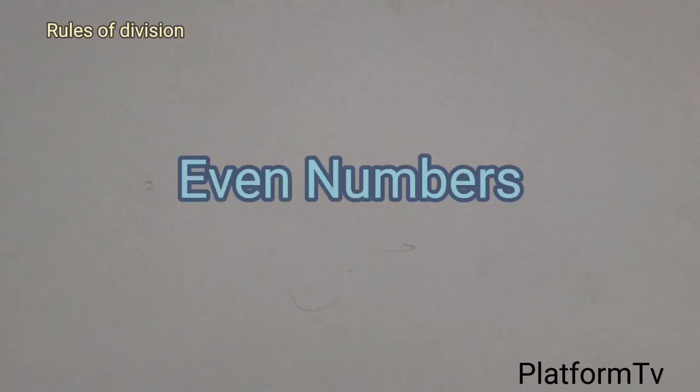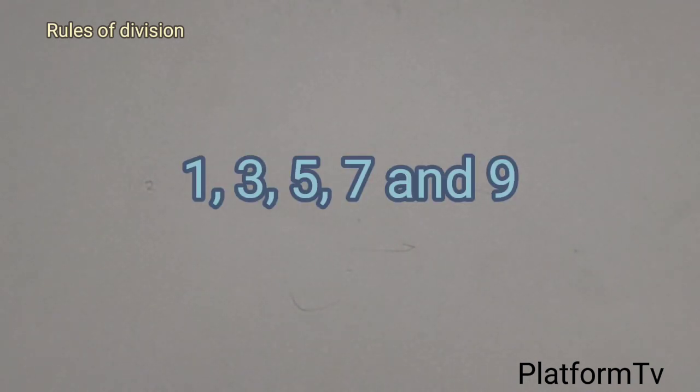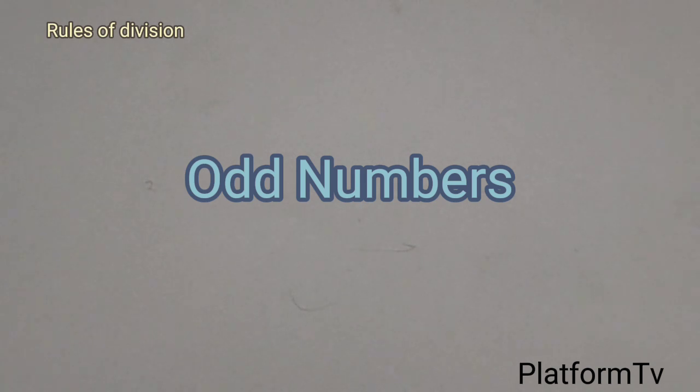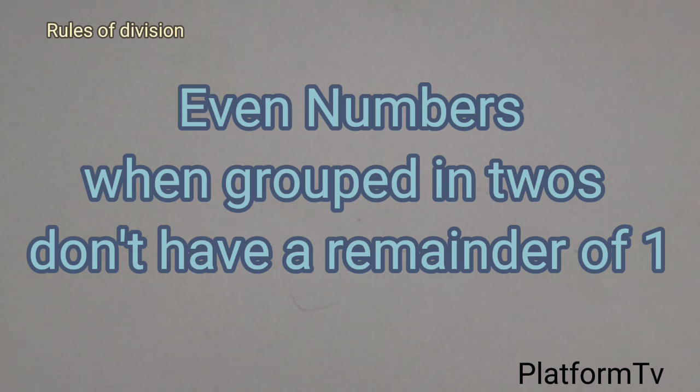The numbers 0, 2, 4, 6, and 8 are known as even numbers. The numbers 1, 3, 5, 7, and 9 are known as odd numbers. Why are they even and odd? Even numbers, when grouped into twos, don't have any extra number, like 1.